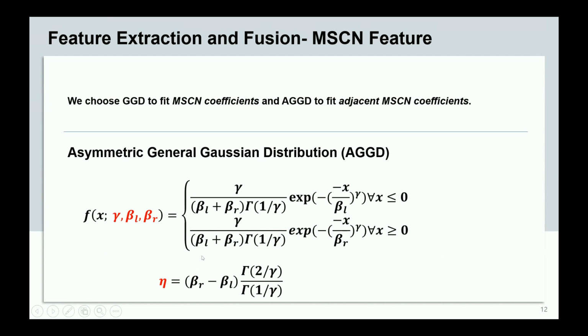Besides, the relationship between beta left and beta right is also important, so we use eta to represent it, and we choose GGD to fit MSCN coefficients and AGGD to fit adjacent MSCN coefficients.